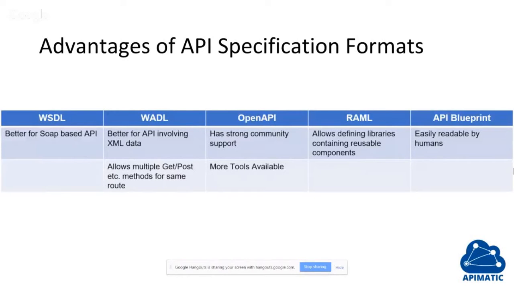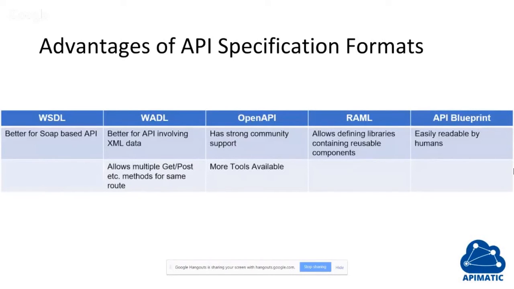If it is SOAP-based, then the slight problem is that if you move away from WSDL to some other API format, such as WADL or OpenAPI or RAML, your API will be moved from SOAP-based to RESTful. And in that process, you will lose some information. A lot of things don't map when moving from SOAP to RESTful.